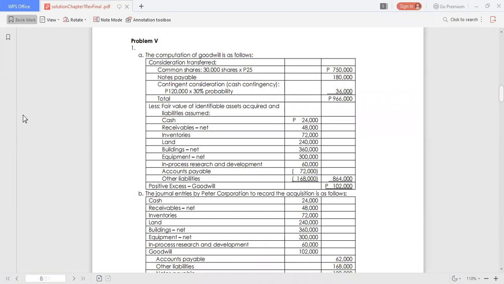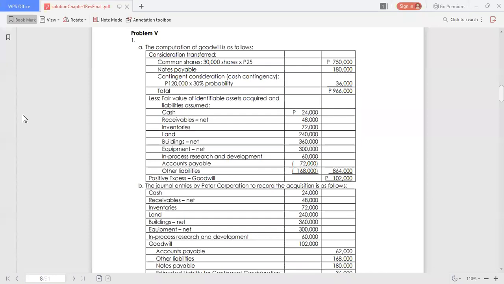So the total fair value of identifiable assets of 864,000 deducted from the total consideration. We now have the positive excess or the goodwill of 102,000. So, in requirement letter A, determine the amount of goodwill.